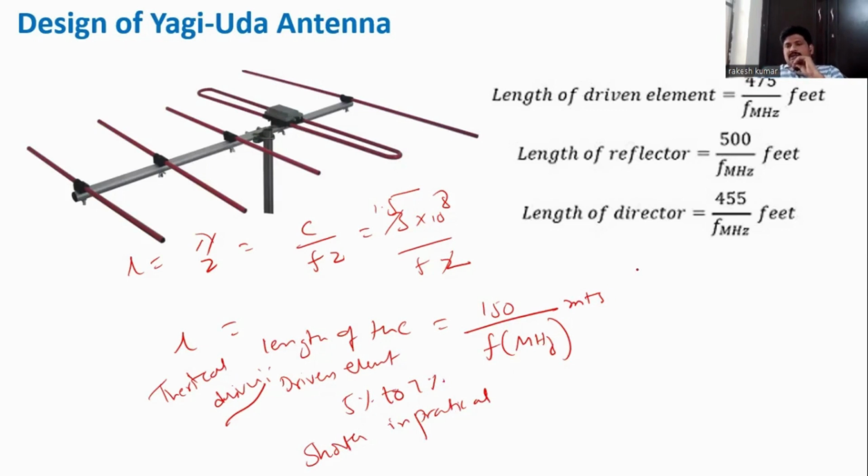So what is the length of the driven element? From this explanation, I can write the length of the driven element as 143 by f, with frequency in megahertz, in meters.